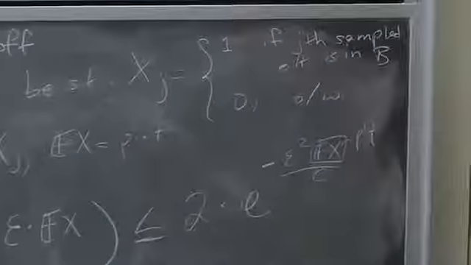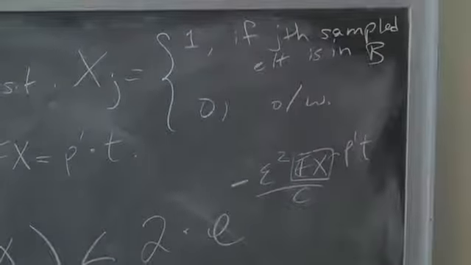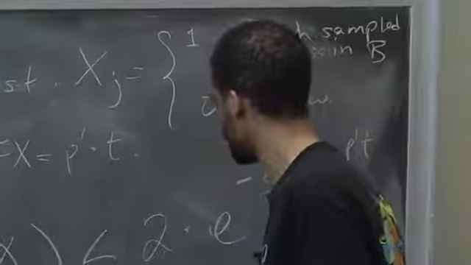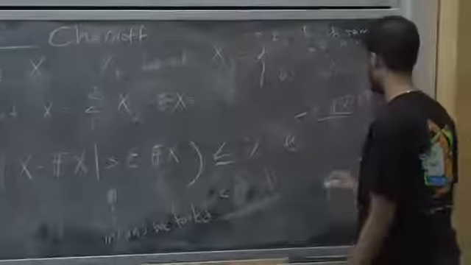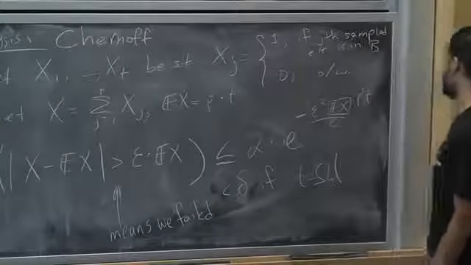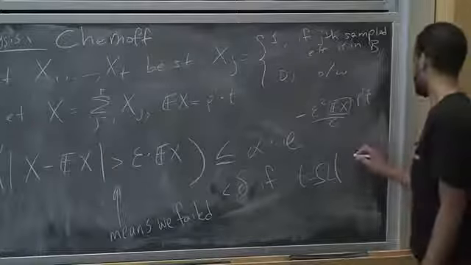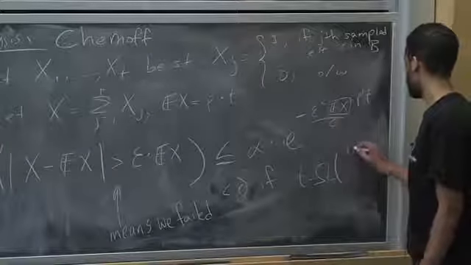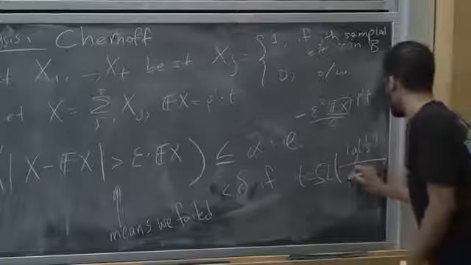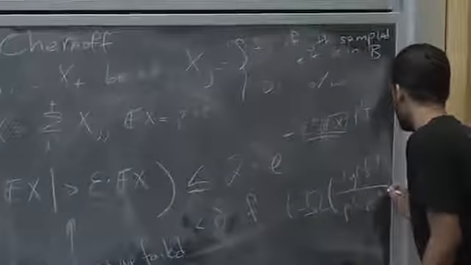So this is less than delta if t is at least some constant times log 1 over delta over p prime times epsilon squared.